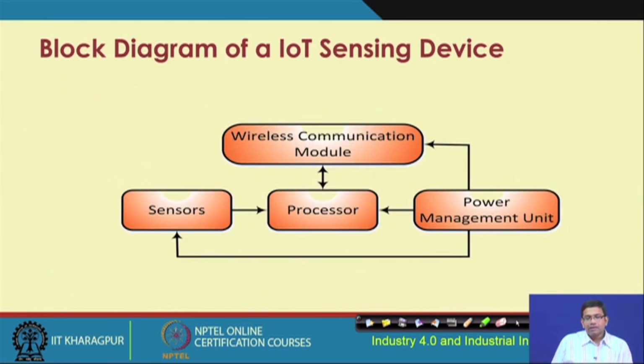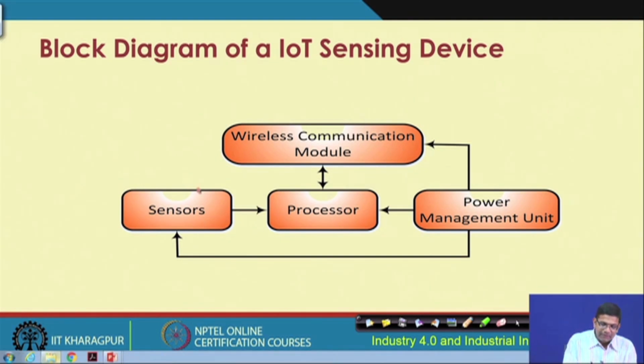So, going back, we have seen that these sensing devices are very important. These sensing devices have the sensor, which is actually the element that is sensitive to changes of environment or any other thing that they are supposed to sense. So, these sensors are the central ones.